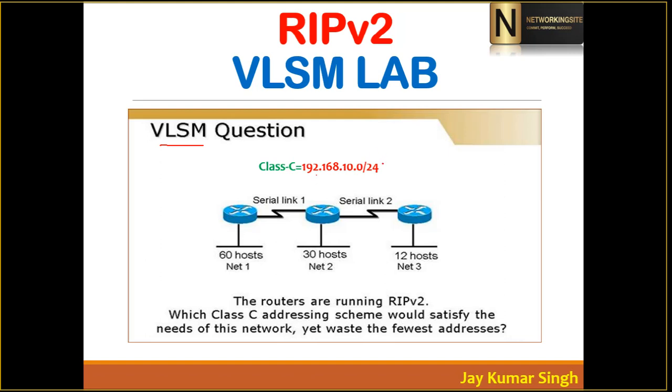If this is your default network, but you want to share it with multiple organizations, suppose you are using a class C network, 192.168.10.0/24, and in this you will have 256 IP addresses.